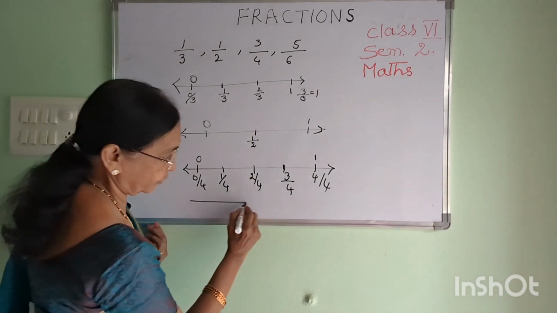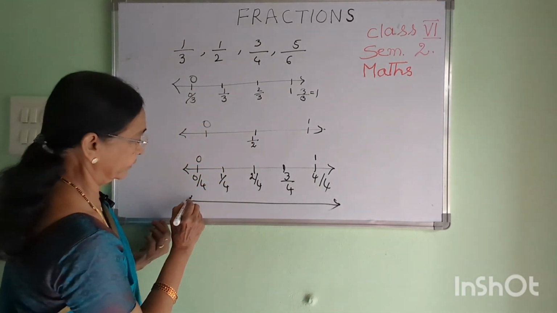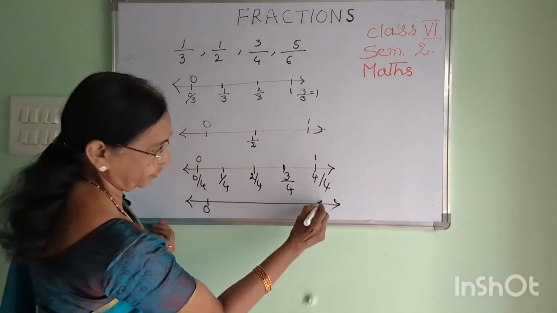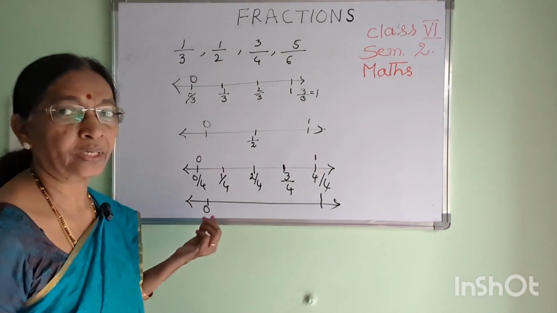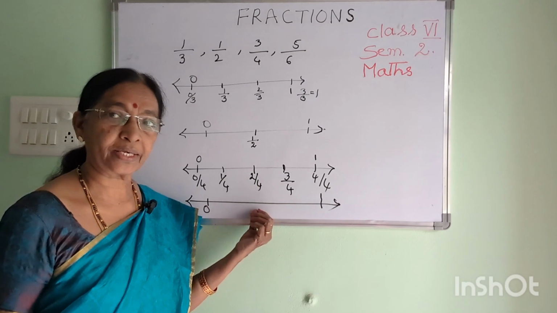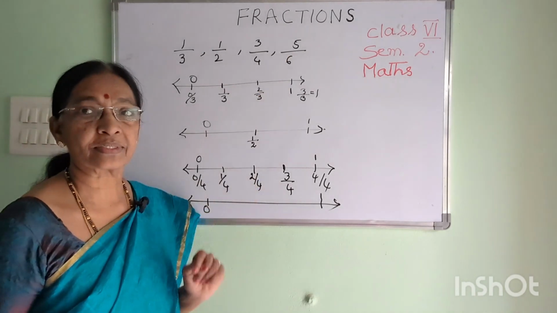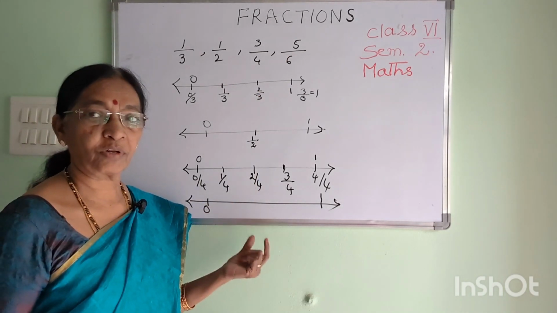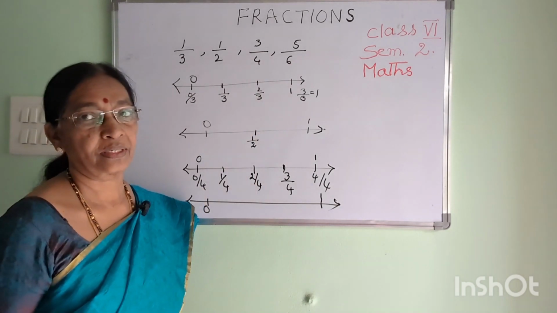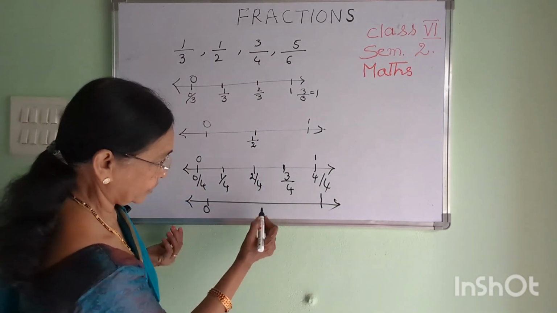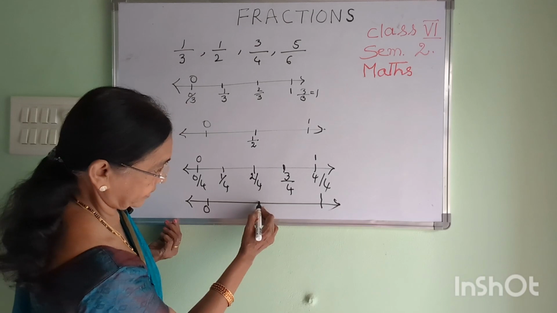So to denote 5/6, take a number line 0, 1. How many equal parts should be there to denote 5/6? Total equal parts must be 6, the denominator. So make it 6 parts.